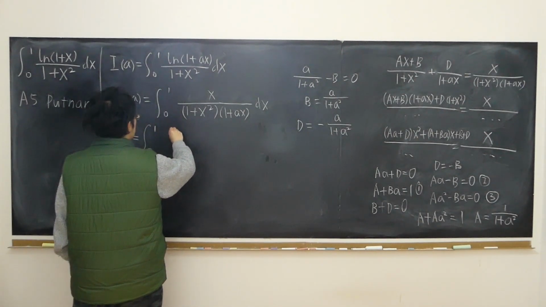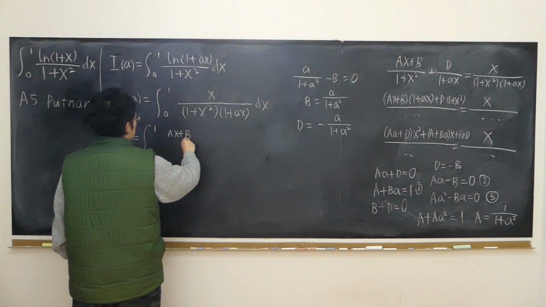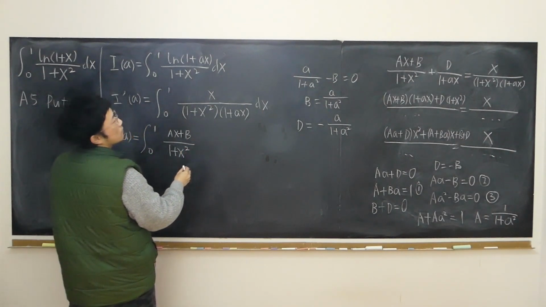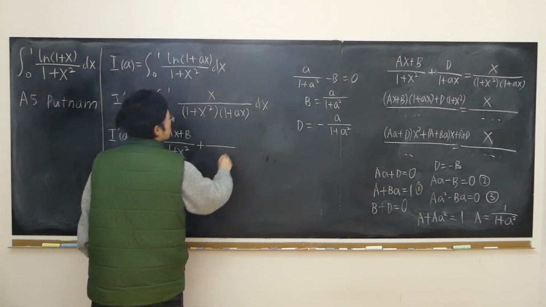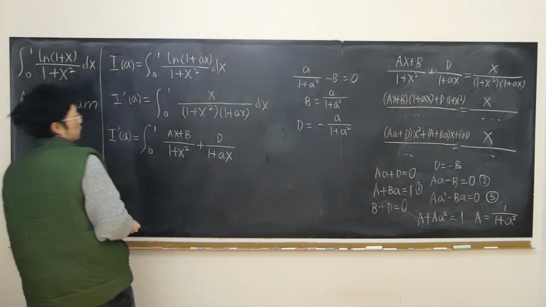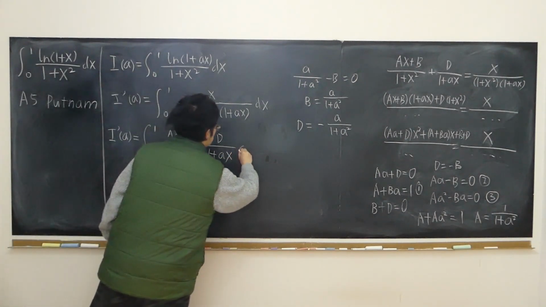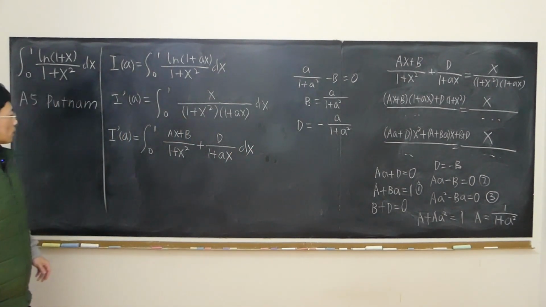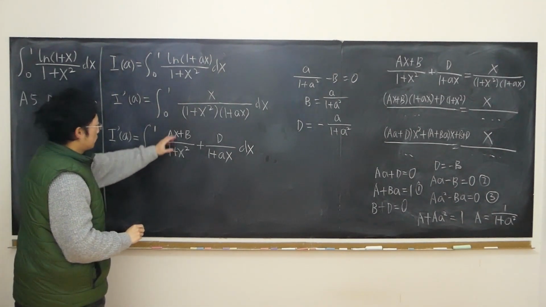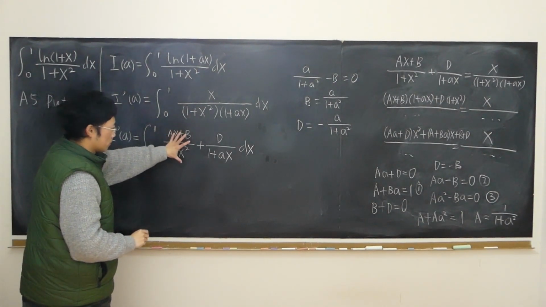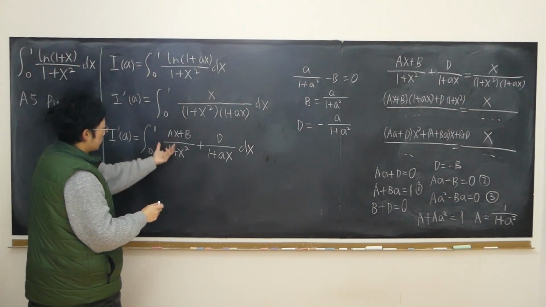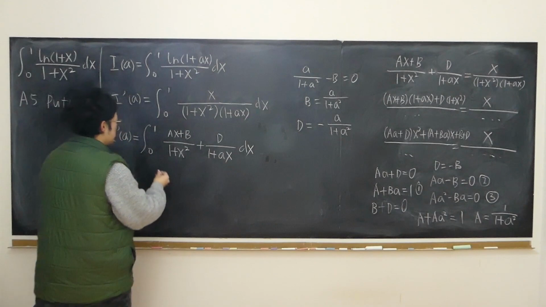Ax plus B over 1 plus x squared plus D over 1 plus ax, split up, dx. Here it is simple because we no longer have any logarithm. Just integrate with respect to x. This should be easy, because this is only a rational function.